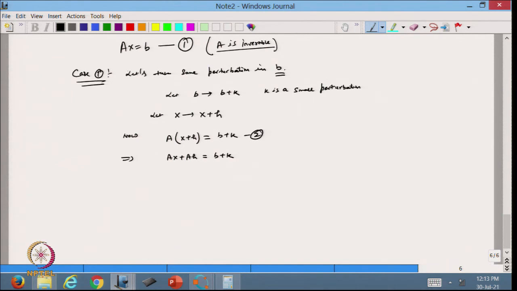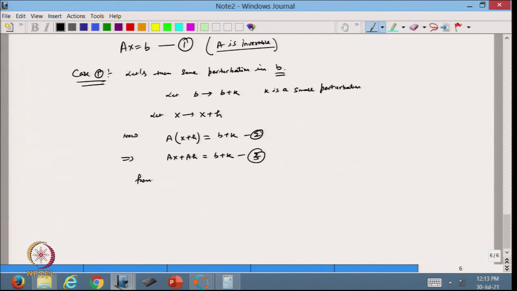Now, from 2 and 1, so I should write it is 3.